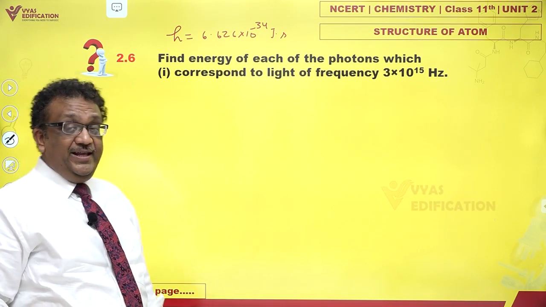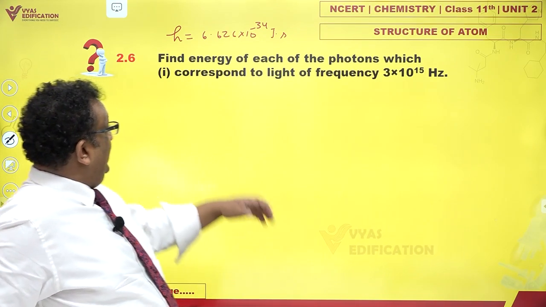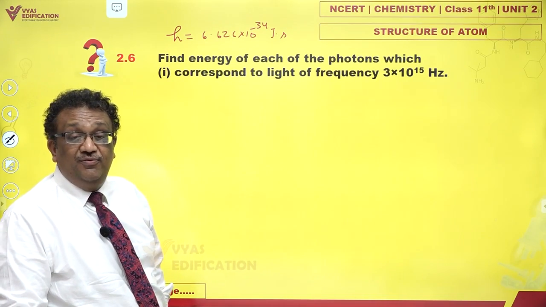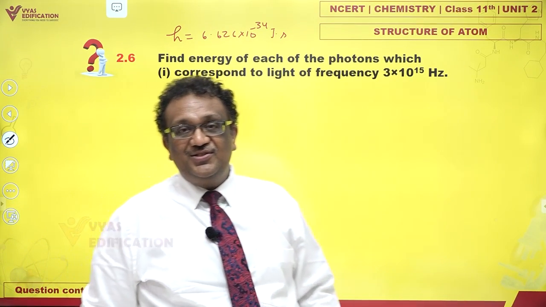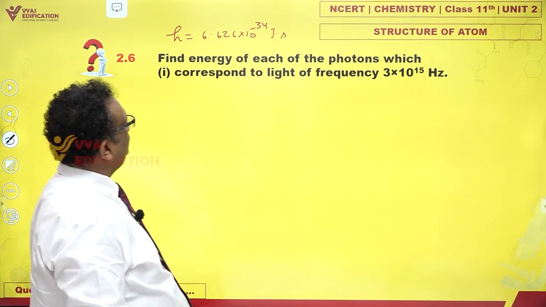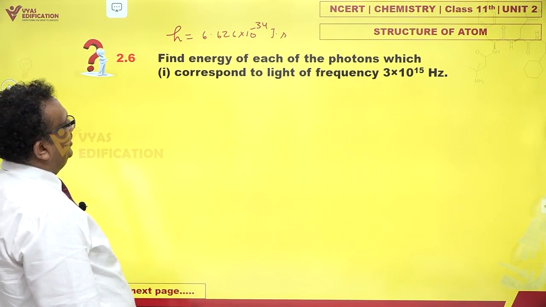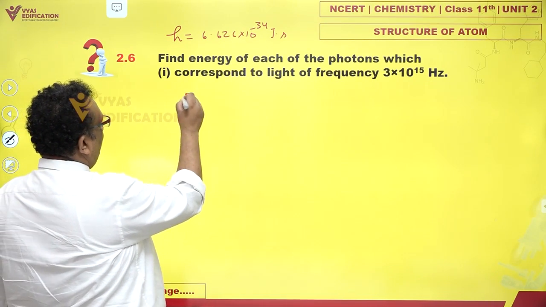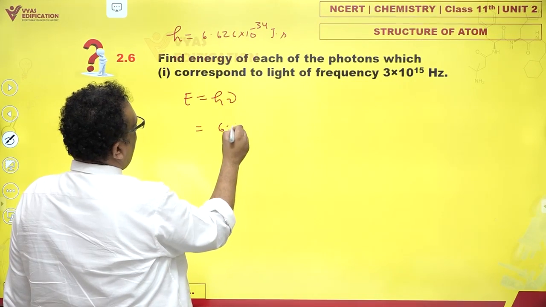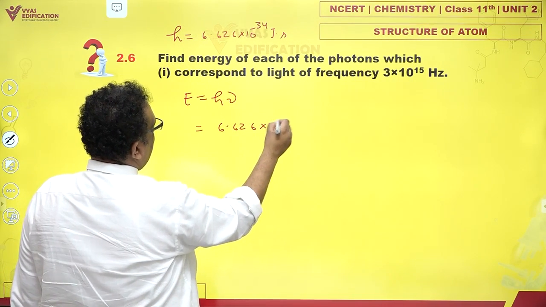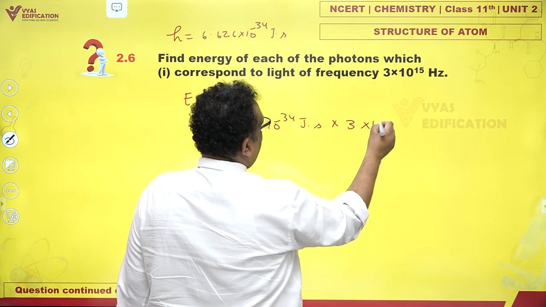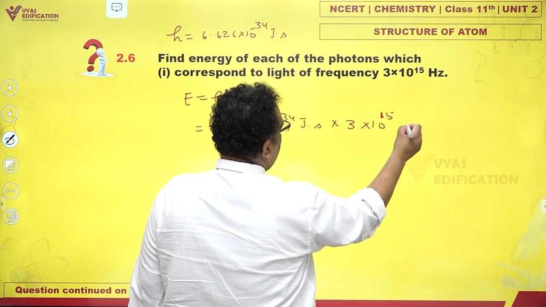Find the energy of each of the photons which correspond to light of frequency 3 into 10 raised to 15 hertz. How much is that going to be? Let's take a look. E by Planck's quantum theory is h nu. 6.626 into 10 raised to minus 34 joules second into 3 into 10 raised to 15 hertz, meaning per second.